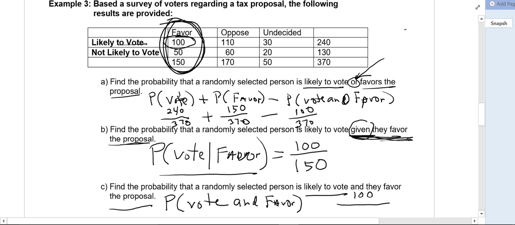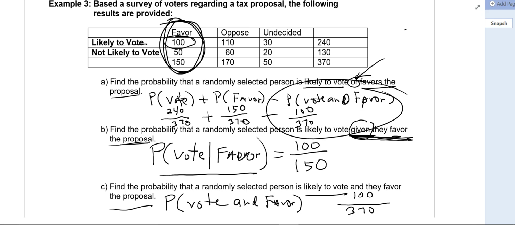How many people are in the survey? 370. So 100 over 370. We actually did this above here, but I wanted to point out 3 different problems.